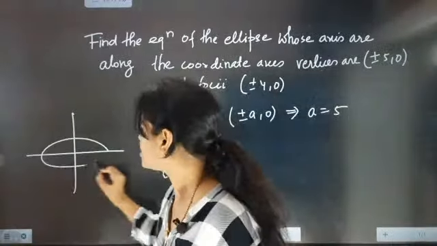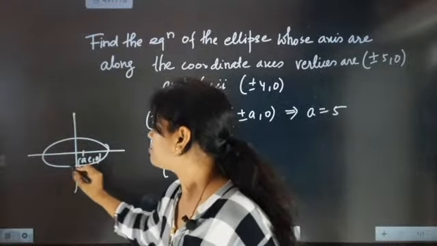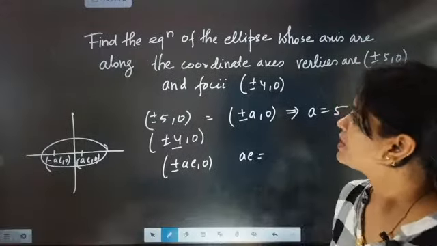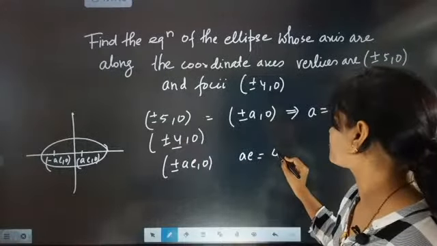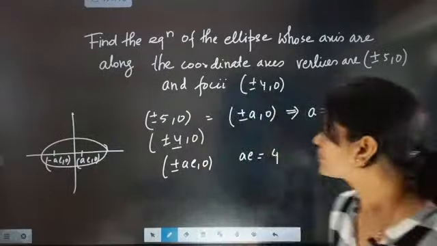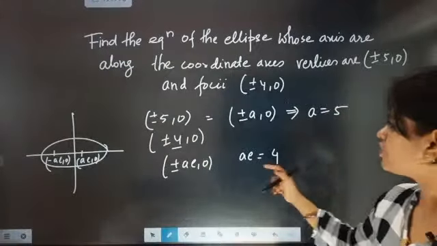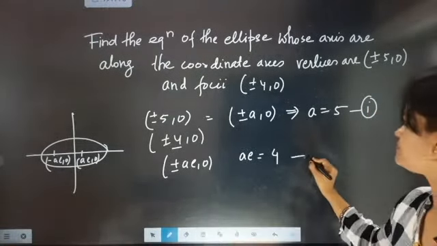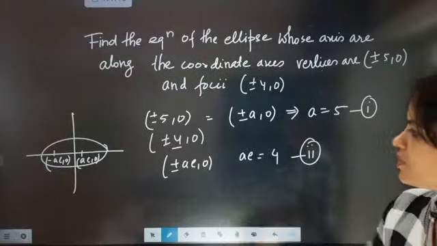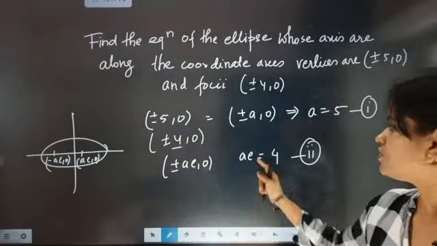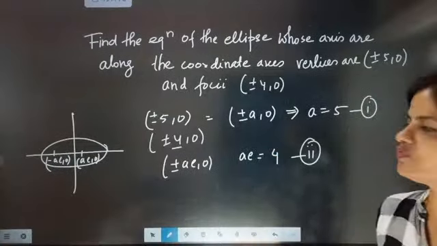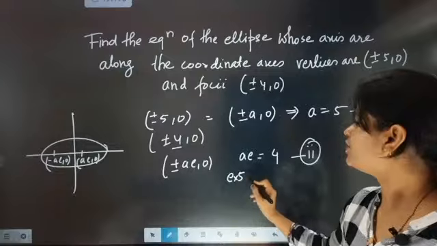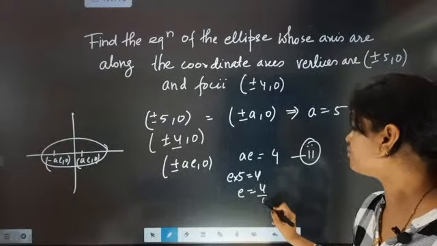So ae is coming as 4 and a is coming as 5. Because ae is written as plus minus 4, we can take plus 4. A value is 5, so 5 times e is equal to 4. So eccentricity is coming 4 by 5.